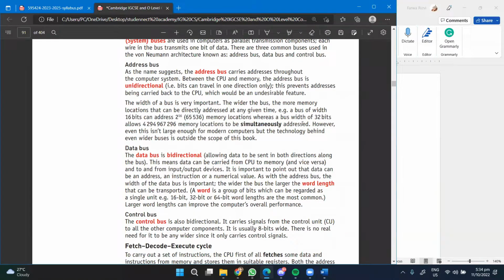Here, for example, they said the width of the bus is maybe 32 bits. That means 2 to the power of 32, which here they mentioned as 4 billion plus memory locations to be simultaneously addressed. However, even this isn't large enough for modern computers. Normally, the computers that we use these days have an even bigger bus width.